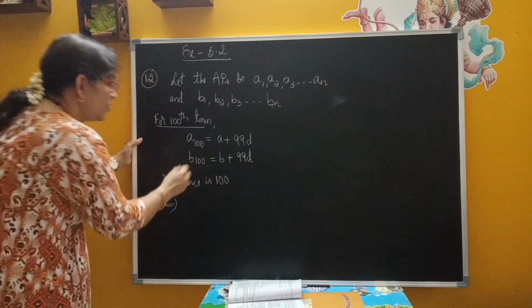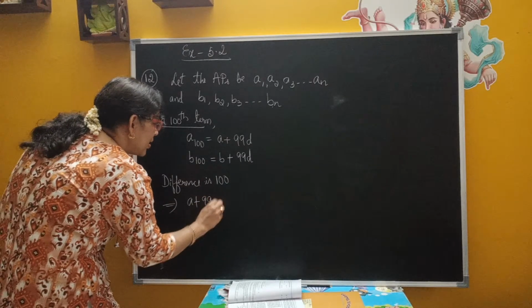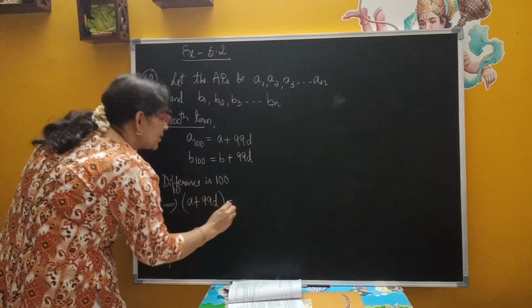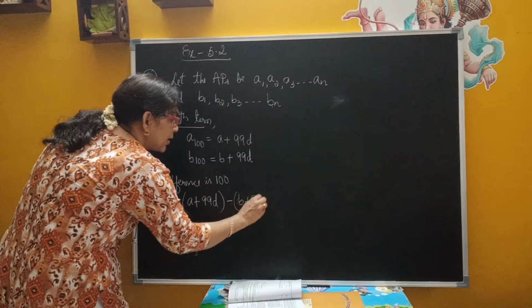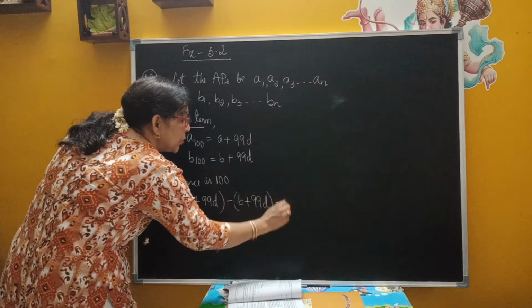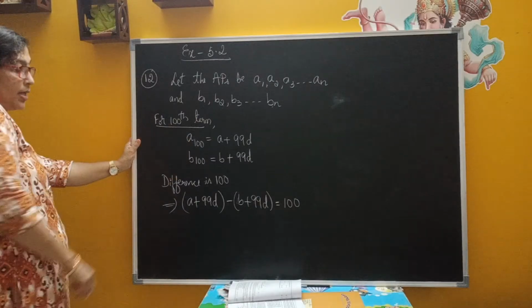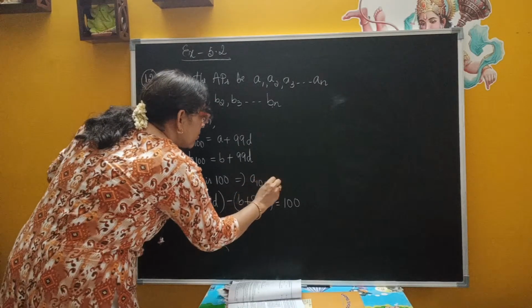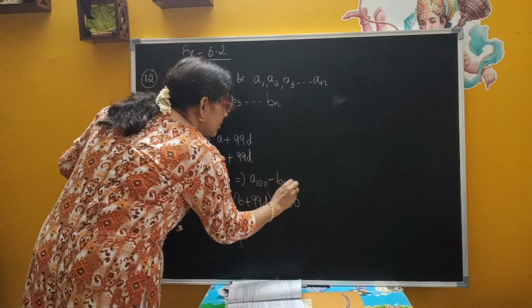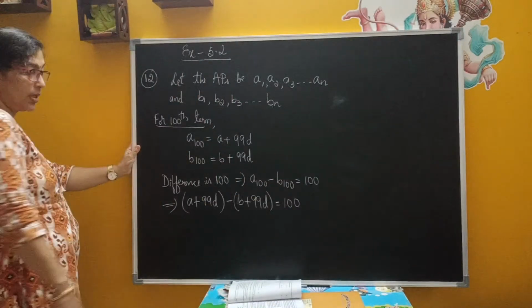This implies we can write A plus 99D minus B plus 99D is equal to how much? 100. That is, A100 minus B100 is equal to 100. Their difference is 100.